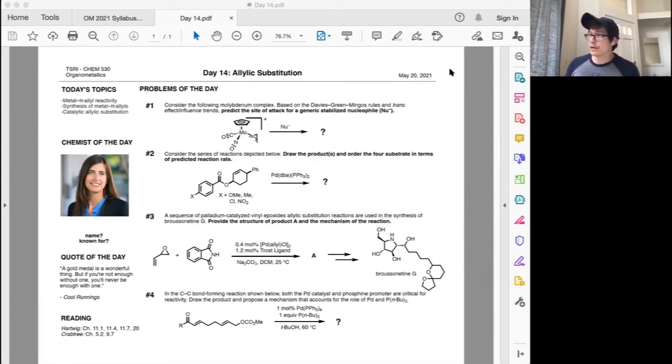We're going to wrap up that discussion with a brief overview of the other key mode of addition to alkenes, Heck type carbo-palladation, and then we'll spend the majority of today's lecture focused on allylic substitution, which you'll see a lot of the same themes come up again. I think these two topics go together quite nicely in many ways.